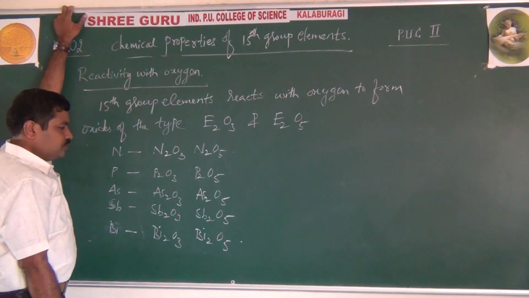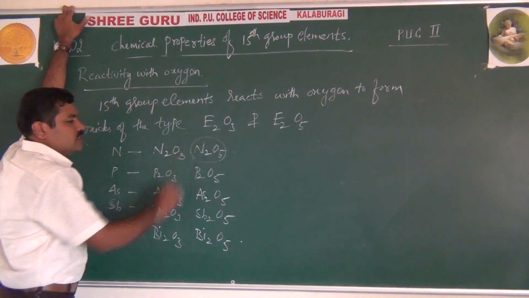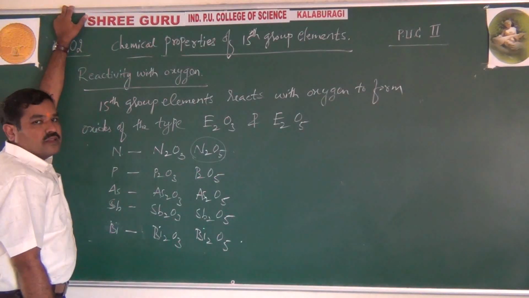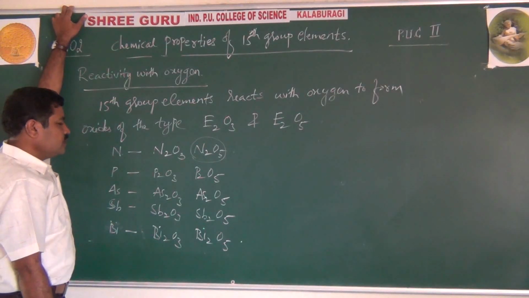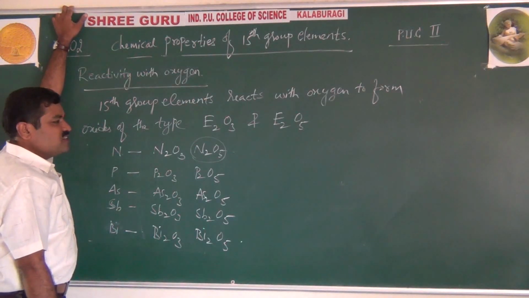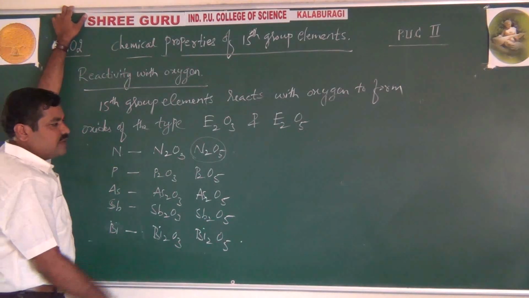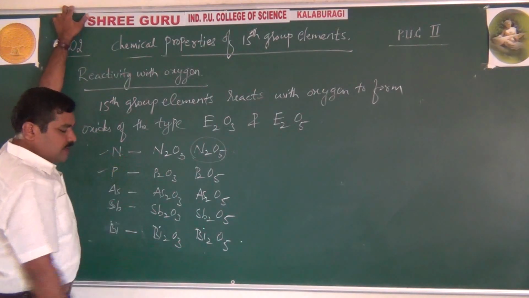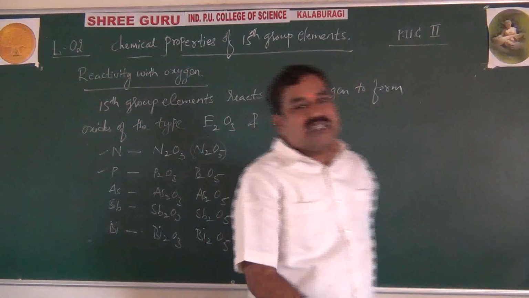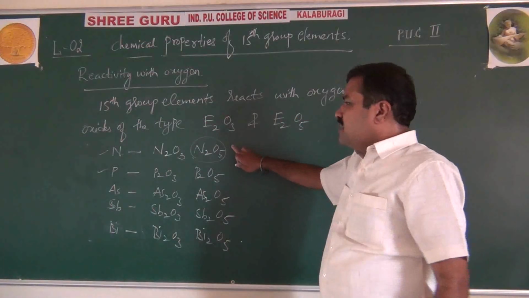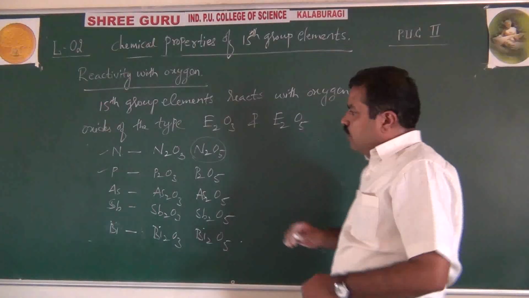But remember, this N2O5 is highly unstable. Because generally nitrogen can form only the +3 oxidation state; +5 does not exhibit inert pair effect, but still they are stable and exist in the solid state. Okay.